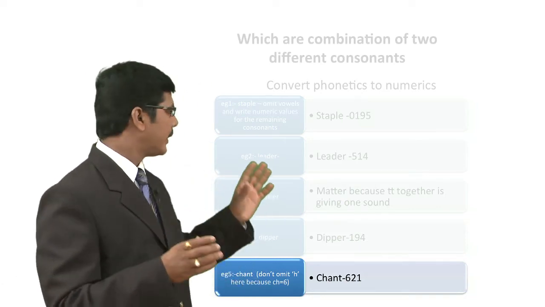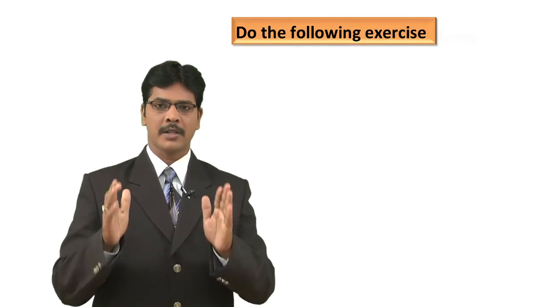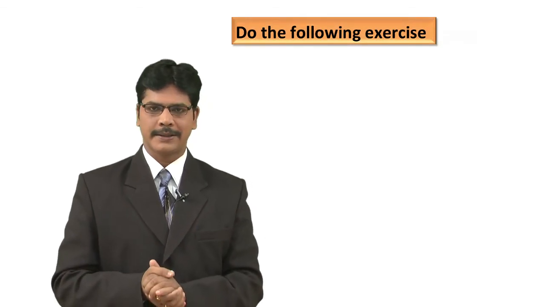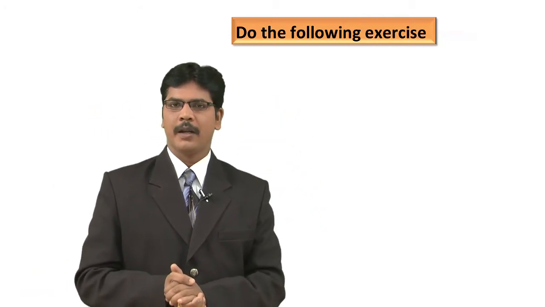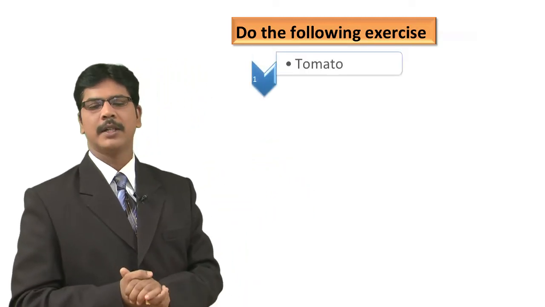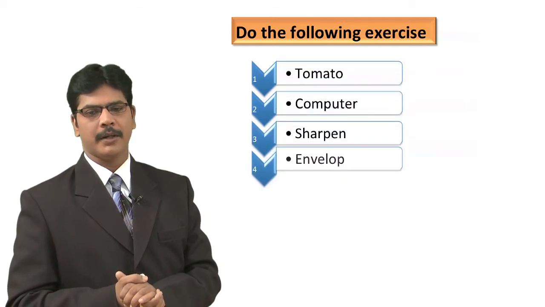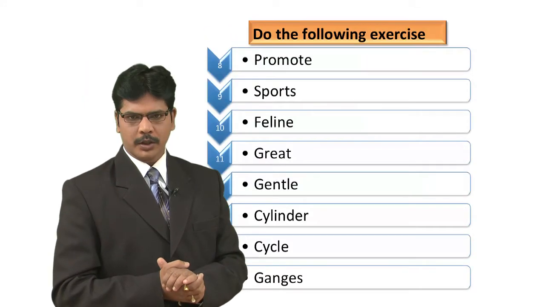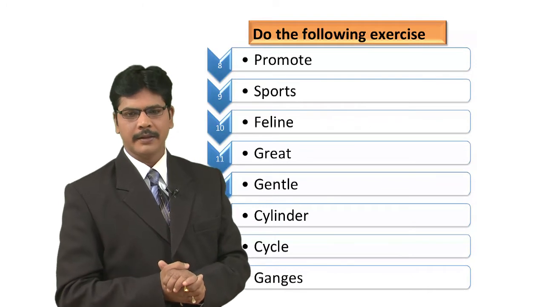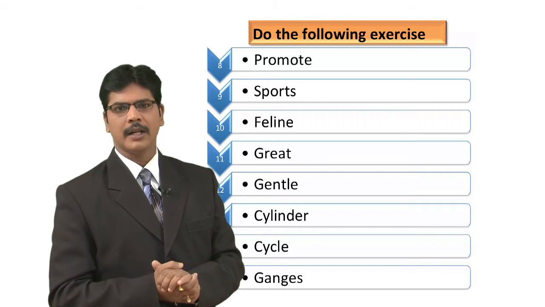So this is the way you can convert given words into numeric values. Now, if you actually understood the rules of this particular exercise, then here are some exercises for you. I've given you some words here. You can have a look at the words. It is tomato, computer, sharpener, envelope, microbe, fruits, notable, promote, sports, feline, great, gentle, cylinder, cycle, Ganges.